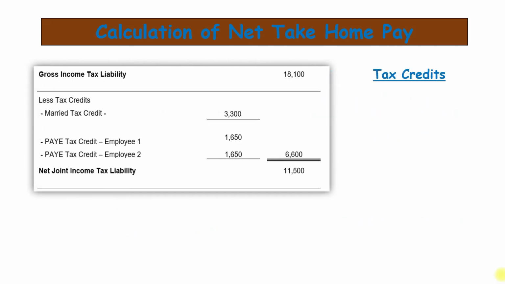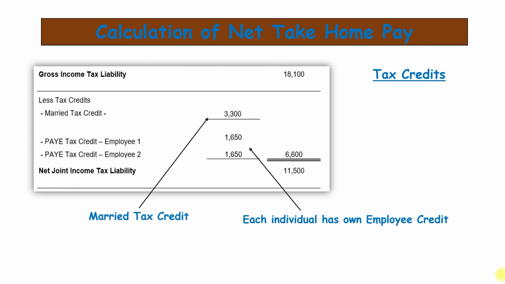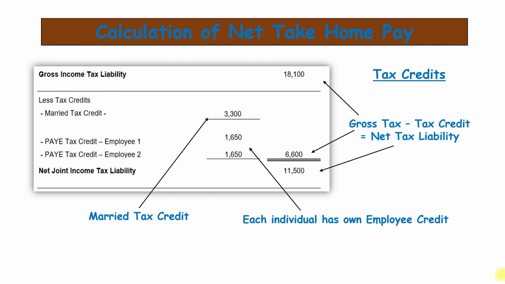Next up are the tax credits. Enter the married credit and the two employee credits and enter the total tax credit in the total column. Then, from the gross tax, subtract the total tax credits to get the net tax on a joint assessment basis.